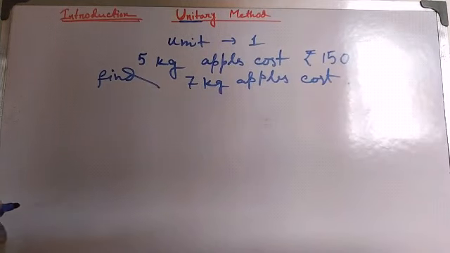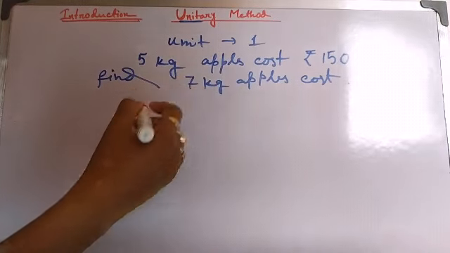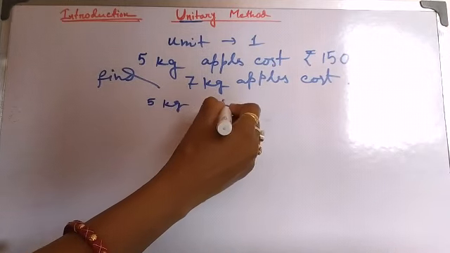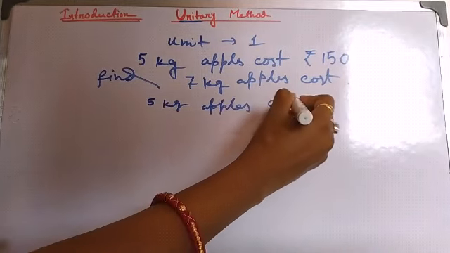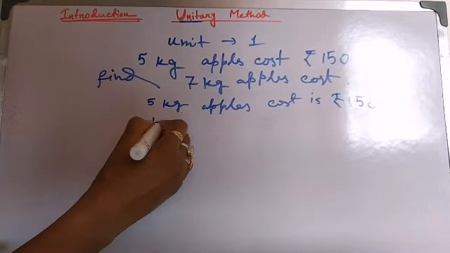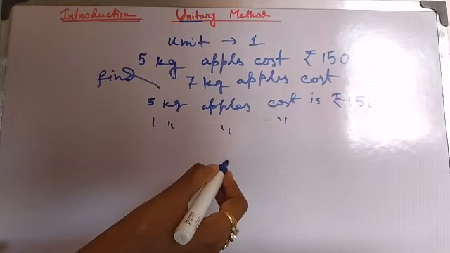So here first of all we have to find out the unit value's cost. That means 5 kg apples cost rupees 150. Then what will 1 kg apples cost be? That means we have to find out the unit value first.